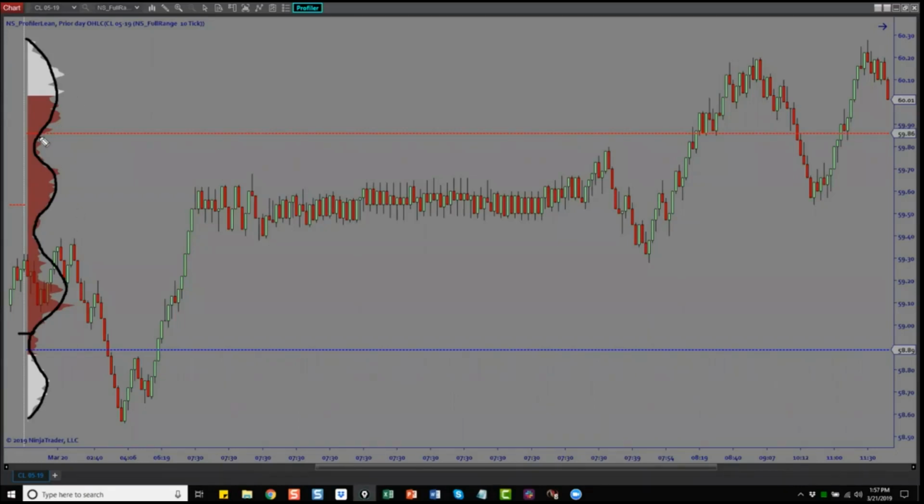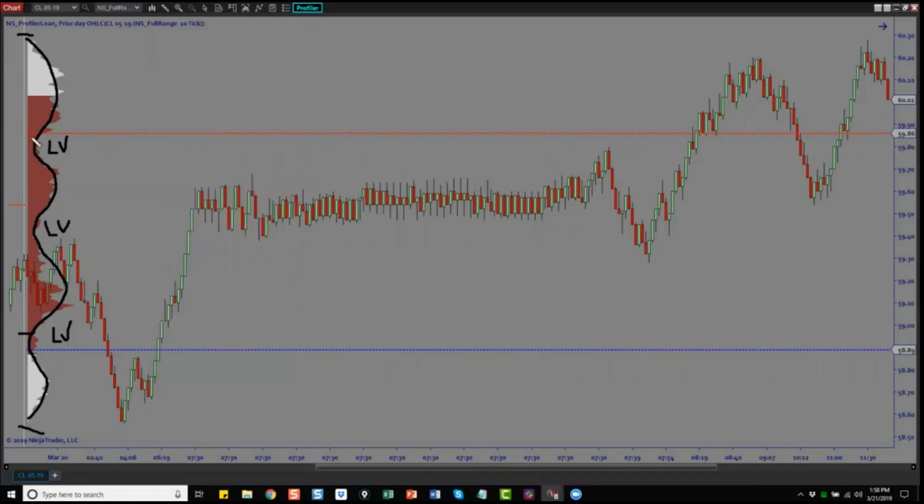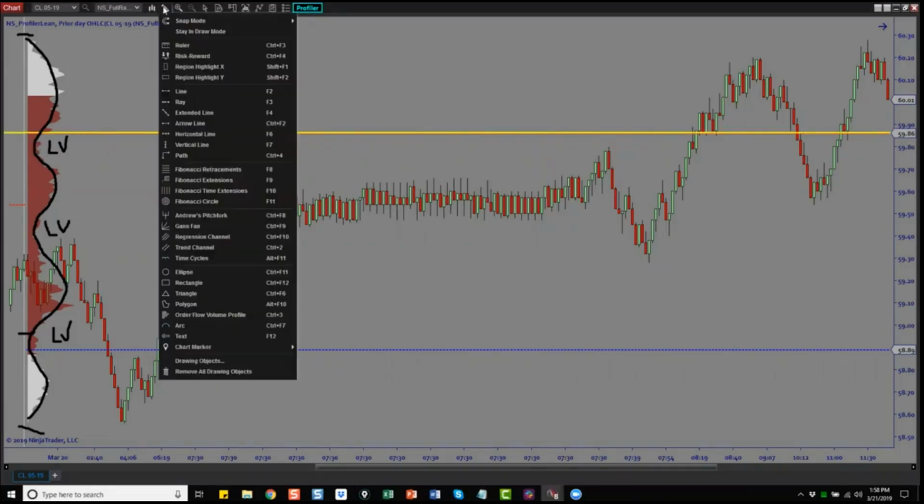So if I know that there's low volume from yesterday here, low volume yesterday here, low volume yesterday here, okay? And we're not talking about the extremes. Nobody knows what happened here or here unless you go back a prior day. You can't ascertain this being low volume up here because that's the edge of the entire distribution. We don't know what they would do at the outside edges. So here's what's going to happen. We're going to draw a little line in the sand at the edge of these areas.